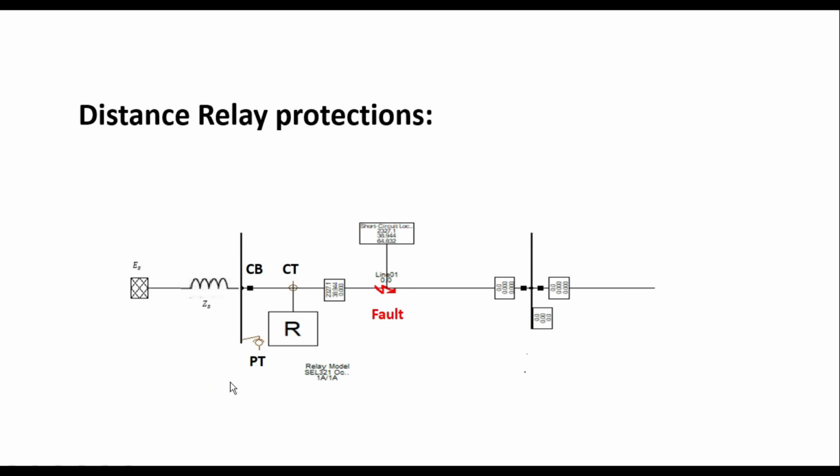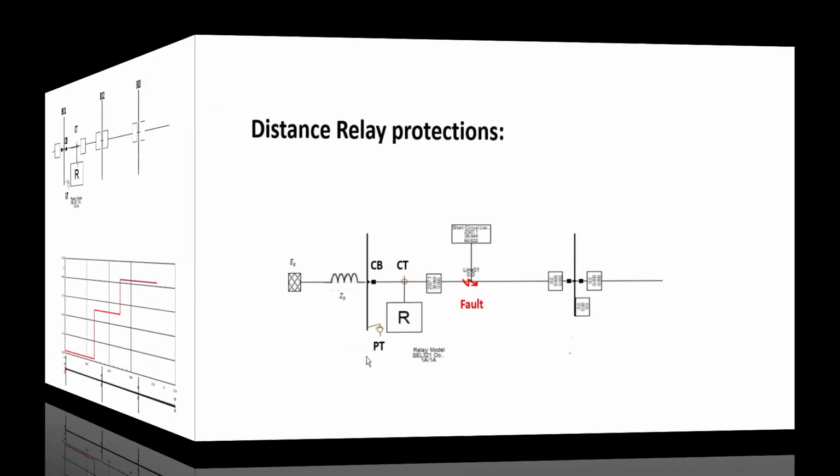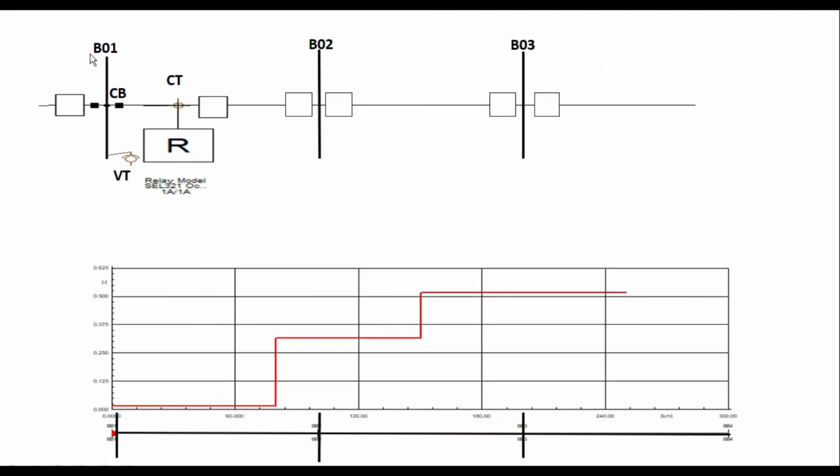For the backup purposes, we need to emphasize the concept of timing of zone protection. The relay which is located here can protect zone 1 up to 80 to 90% of the line section.